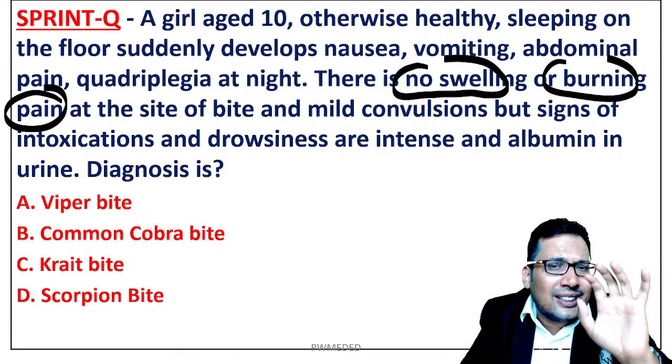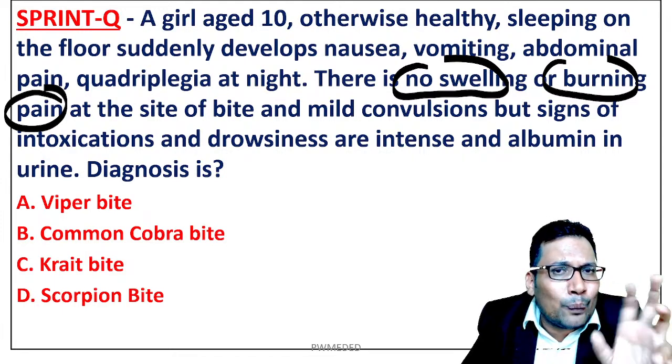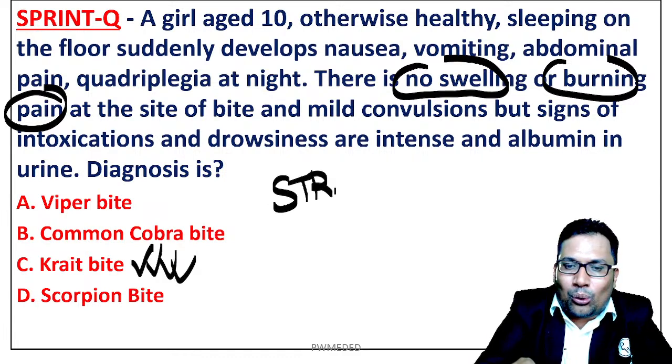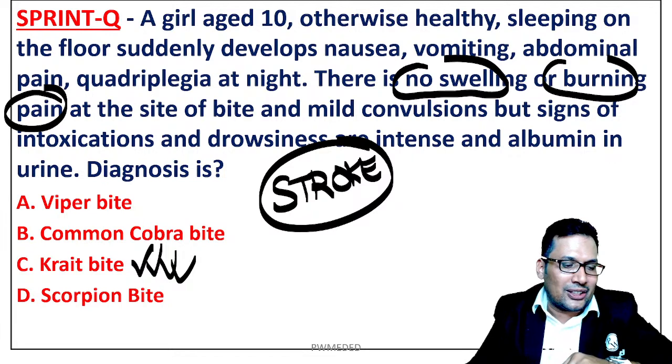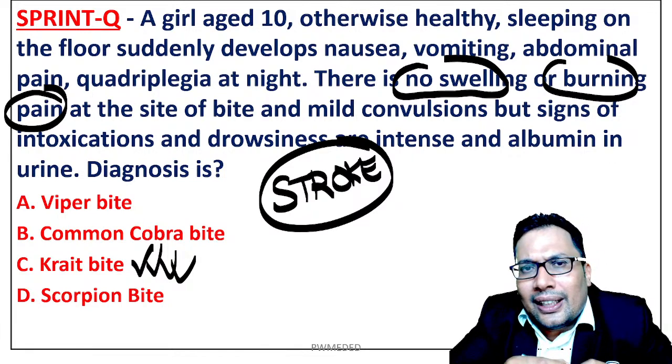Whenever this type of question is framed, with no swelling and no pain, your answer should be krait bite. It resembles a stroke. This is a very important sprint question.